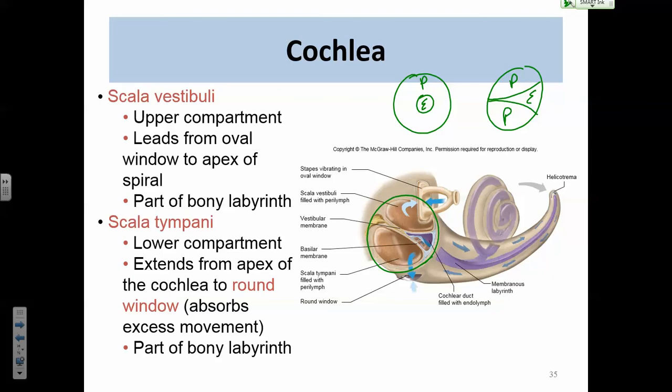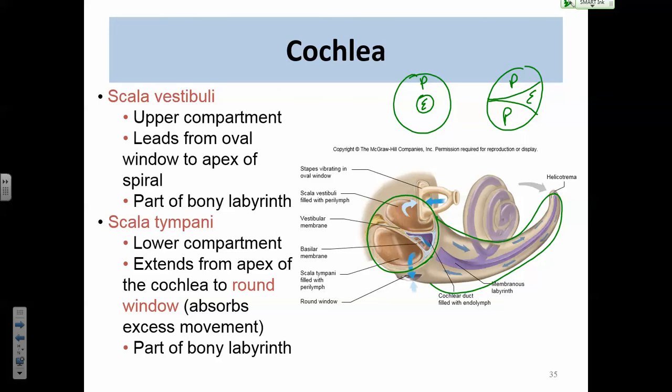This whole part right here is coiled around a cone-shaped little bony structure. Just imagine that little thing it curls around being like a screw. You know how a screw has a thread on it that spirals around? The whole cochlea spirals around that. It sits on that little thread of bone, which you don't see on any of these pictures, but anyway, it's just kind of weird.